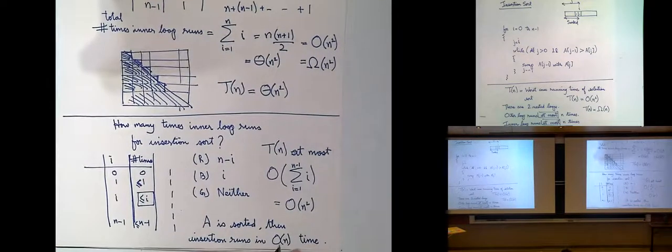Just to be clear, when I say O or omega, I could be talking about any function. In this case, I'm talking about the running time of sort when A is sorted, right? So this O doesn't always mean worst case or best case or anything. It depends on the context in which you write it. Without any context, it's usually the worst case running time. Am I making sense here?